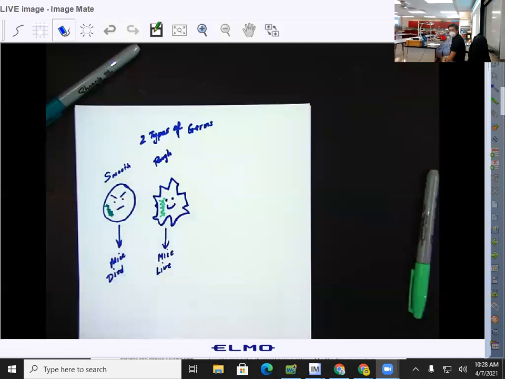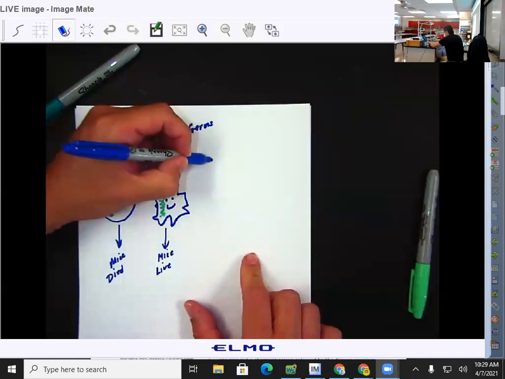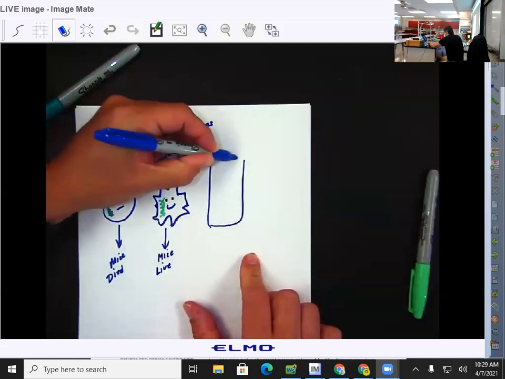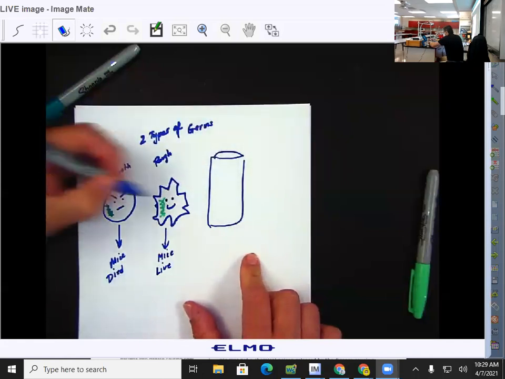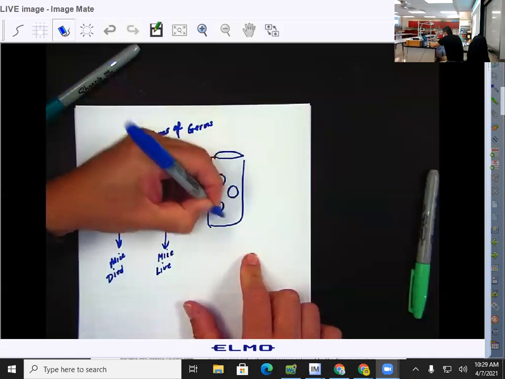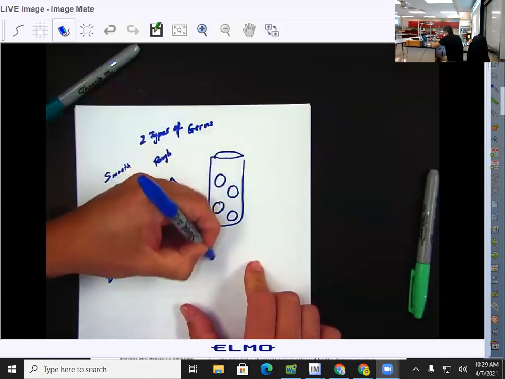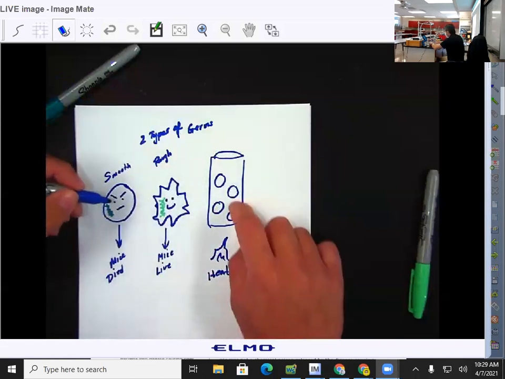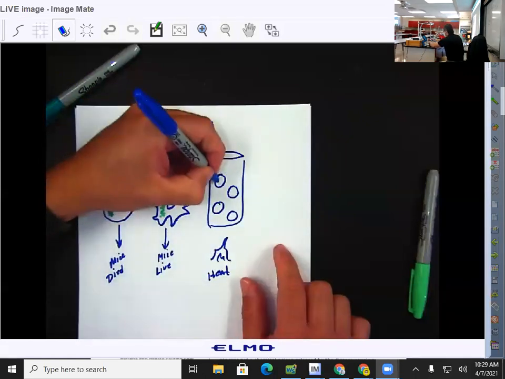Super important. But now what the scientist did is he took a beaker, he added these guys in there, added some heat. And what happened to these bacteria right here?